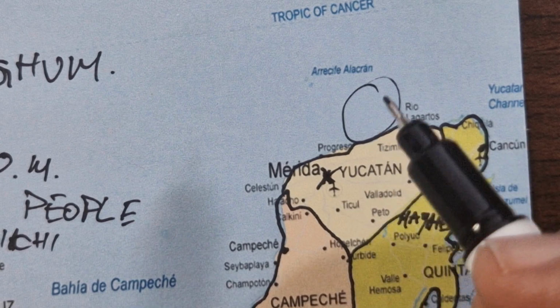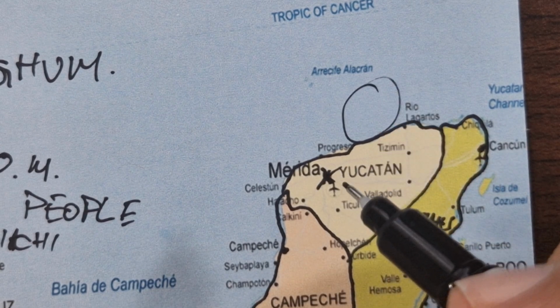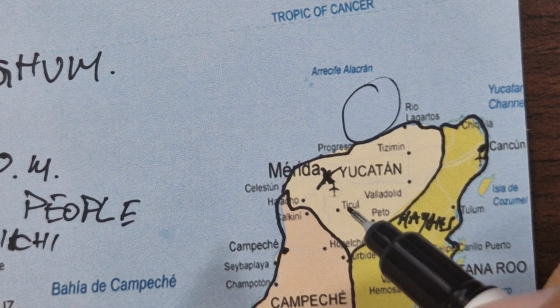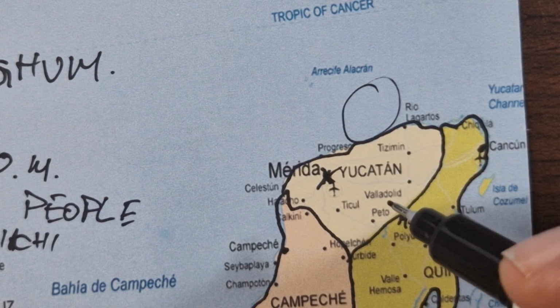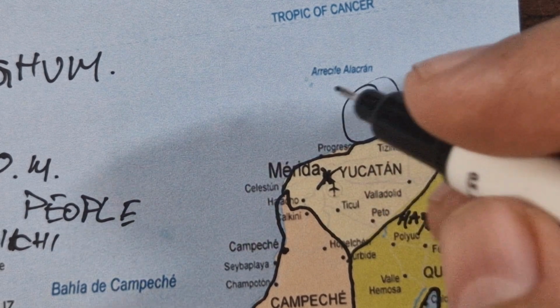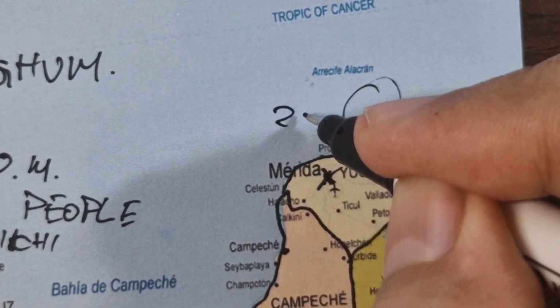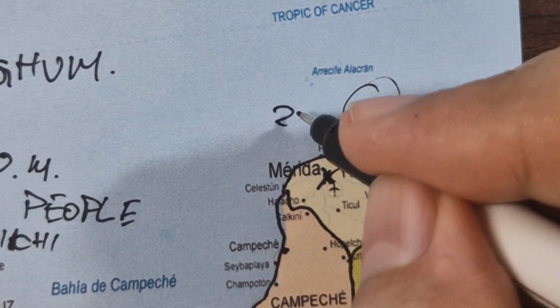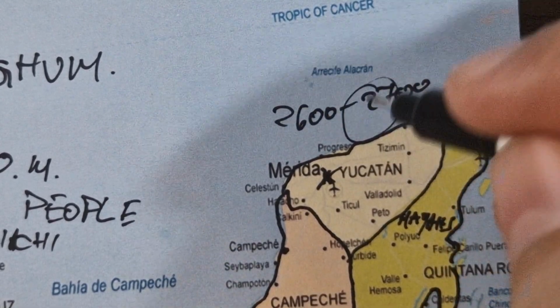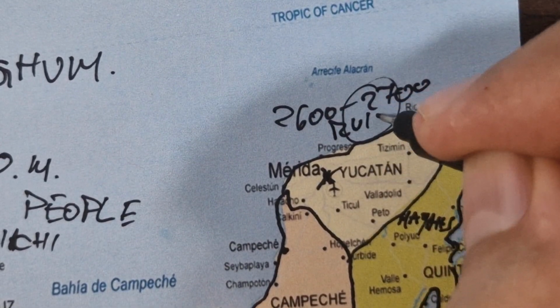Yucatan has the highest percentage of indigenous language speakers in the country. The state is famous for its Mayan ruins, with an average between 2,600 and 2,700.